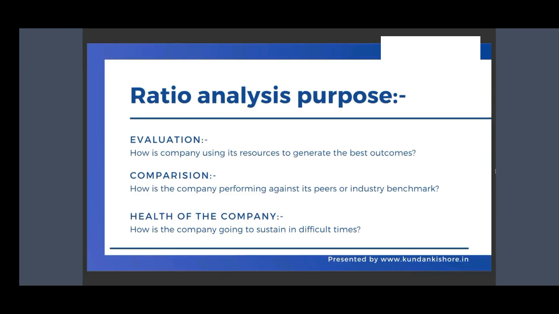But what is also important is that you want this company to sustain, right? And for sustainability, again there are some ratios which you can learn, and they will help you find the health of the company. So these are the purposes of ratio analysis, which I have defined in my own language.